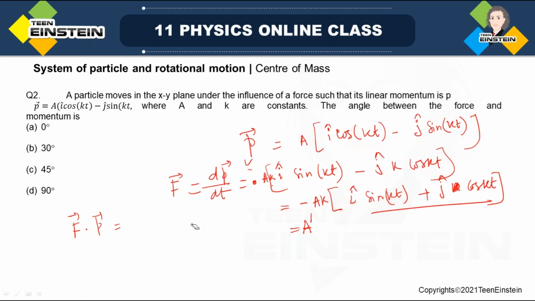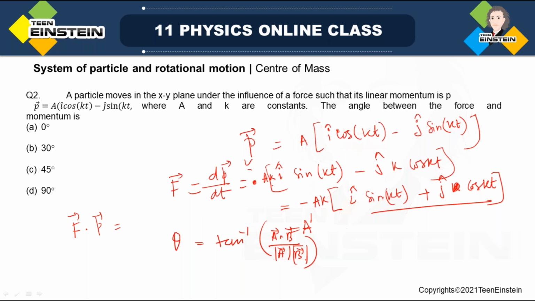We know theta is given by a dot b divided by a b. So this is the angle, we can find it out.